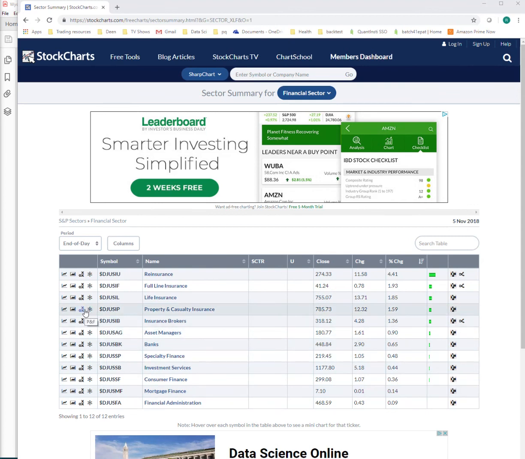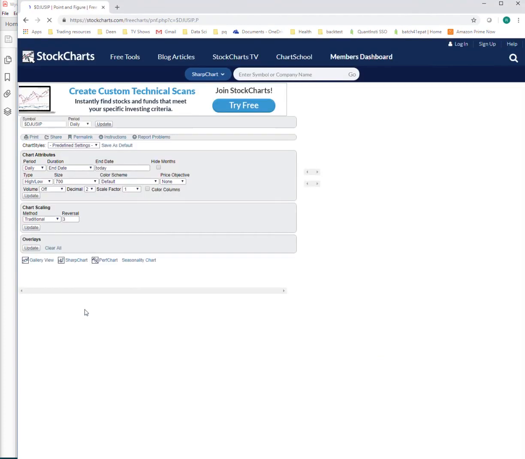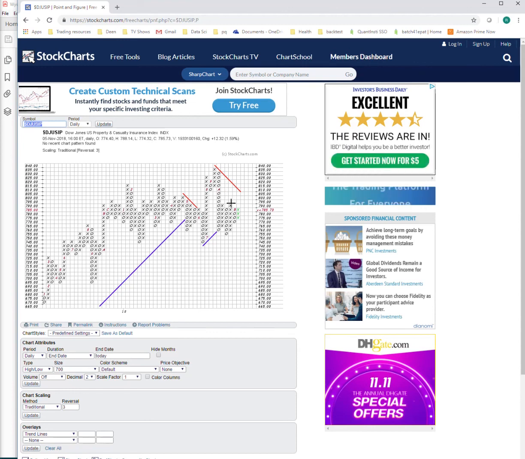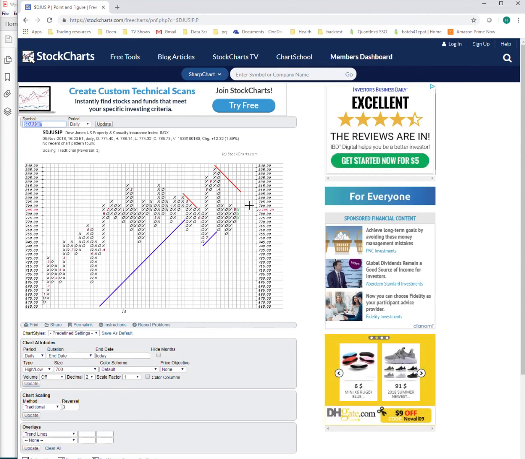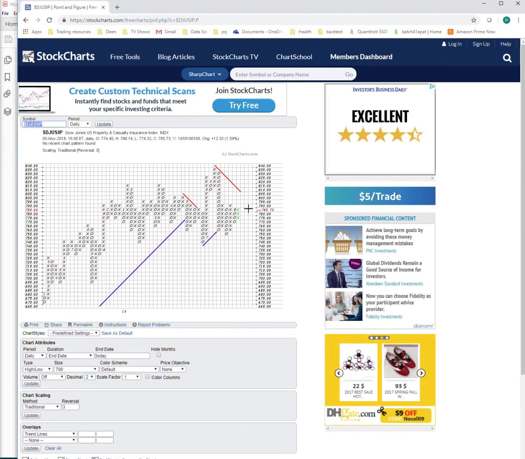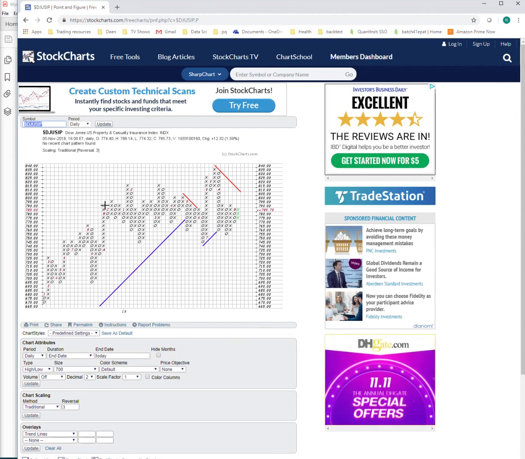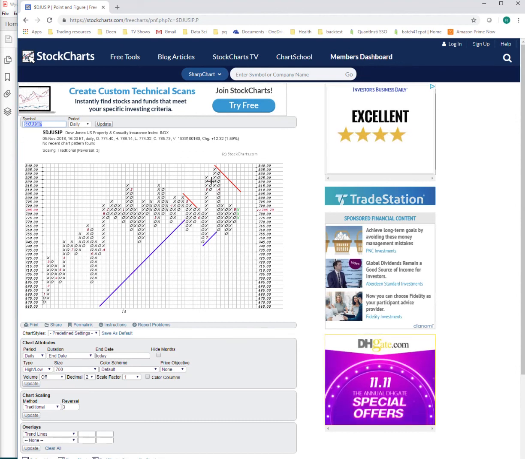Then I don't see if they have PNF here. What is this? I like the fact that they automatically did the PNF, which is nice. Let's see, 1, 2, 3.